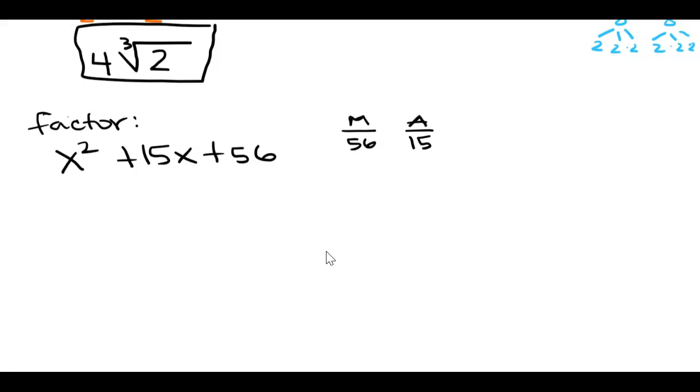It takes a little bit of time, and if you don't see it right off, that's fine. Just work organized. So I'm thinking, what times what is 56? I know 1 times 56 is 56. And 56 ends in an even number, so I know 2 times something; 2 times 28 is also 56. And then, can you do 56 divided by 3?